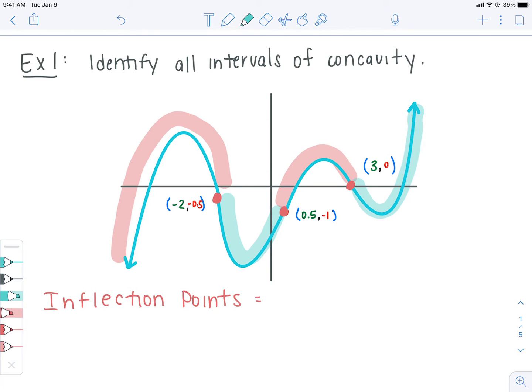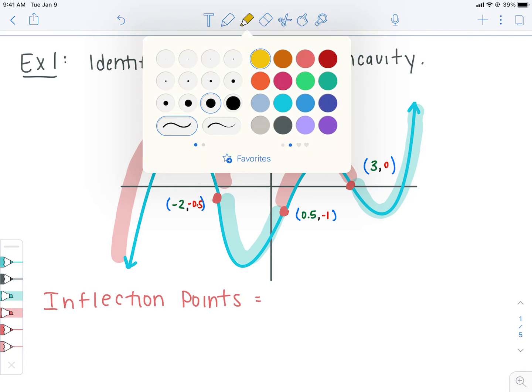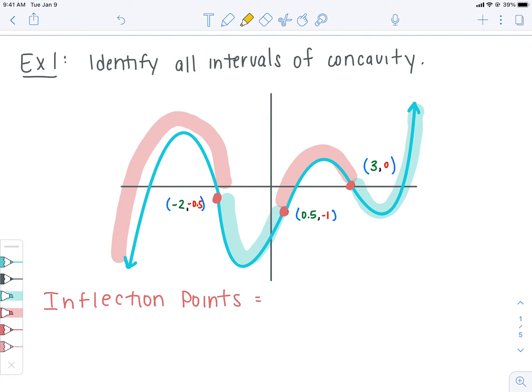See how right here I have a point where I'm changing from facing down to facing up. I have another point at 0.5 and one at 3. So my inflection points are at -2, 0.5, and 3.